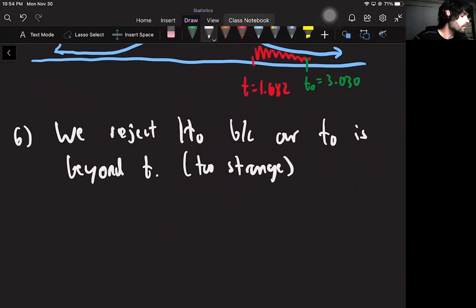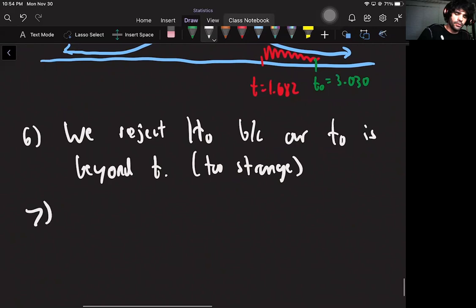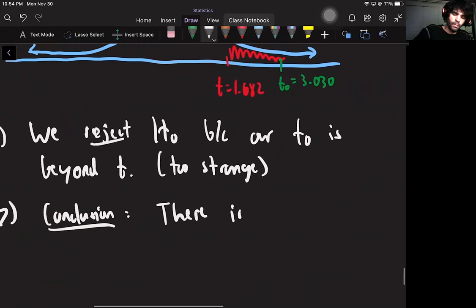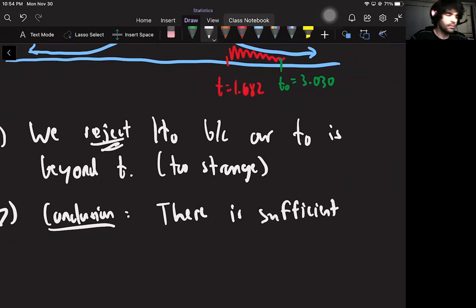Okay. And then the conclusion, of course, with context. So we always forget the context for a long time. You got to go back and read the problem, but it goes the same way. There is sufficient evidence because we rejected. Otherwise, we would say there is not sufficient evidence. But in this case, there is sufficient evidence.